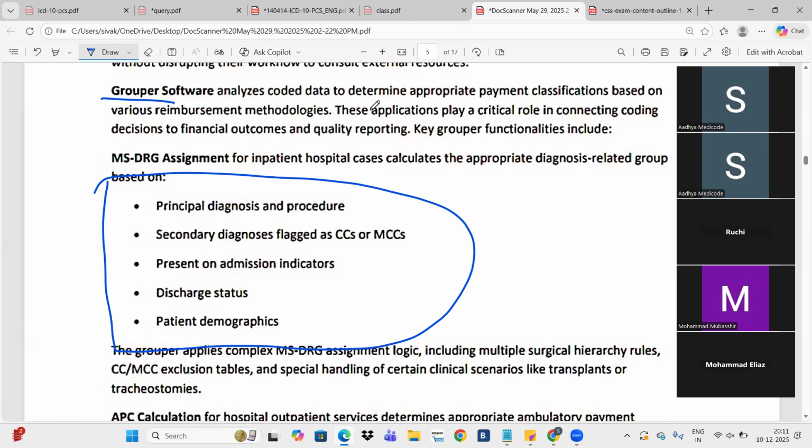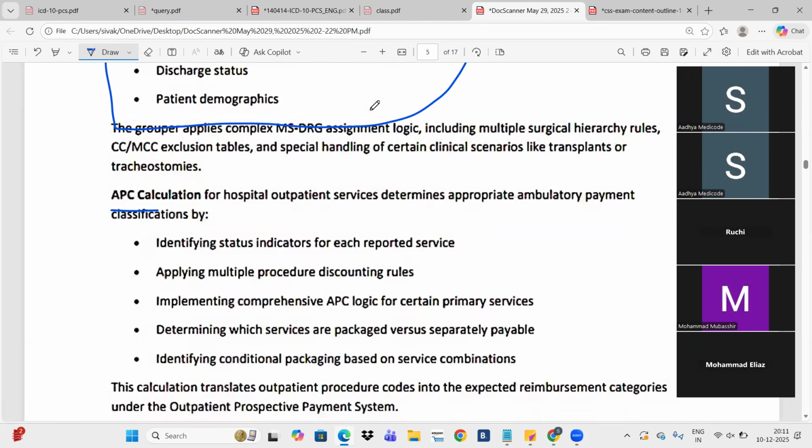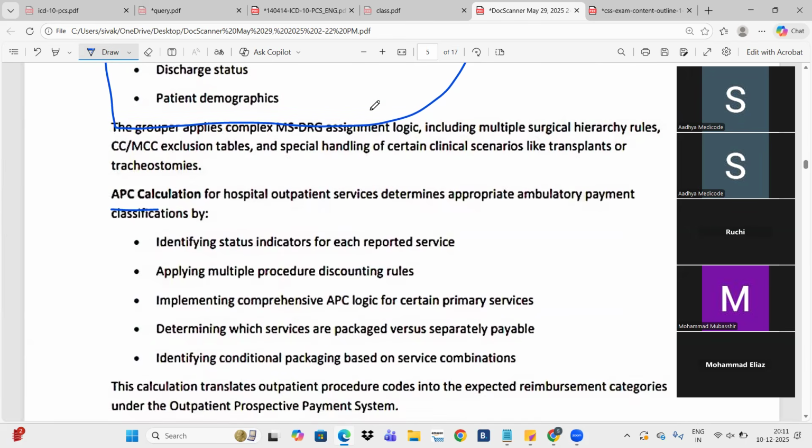In outpatient, they will get the payment based on APC, ambulatory payment classification. Here we have multiple APC status indicators. Based on the indicators, they will calculate the payment. So based on APC status indicators, they will calculate for outpatient services.